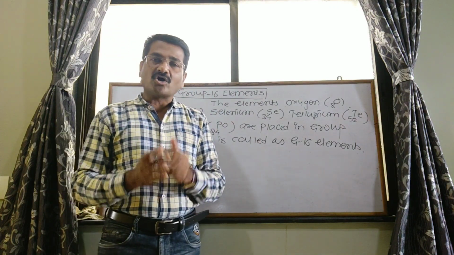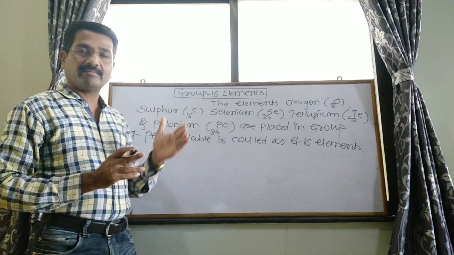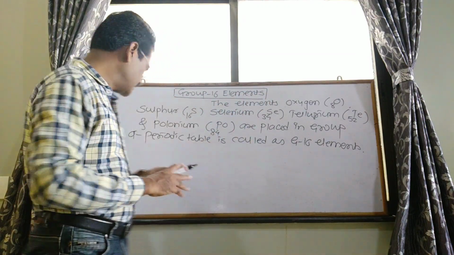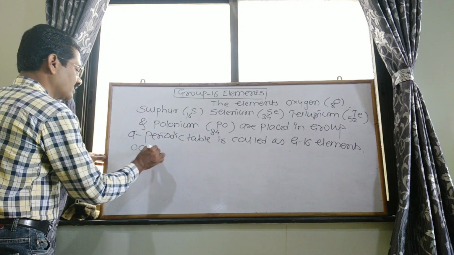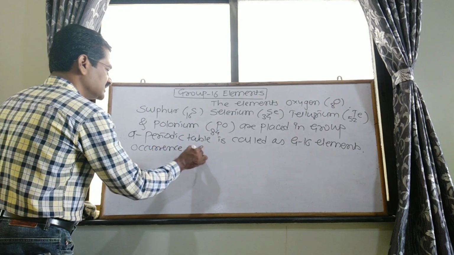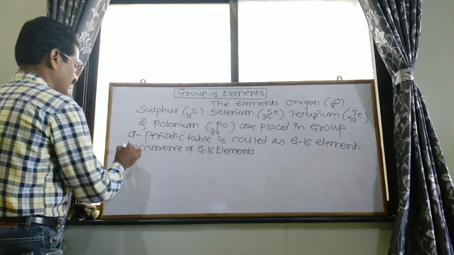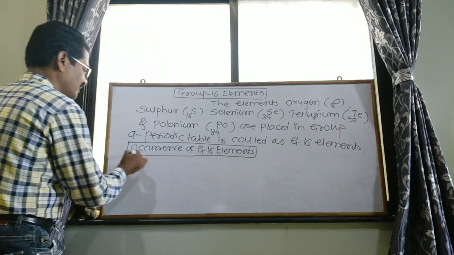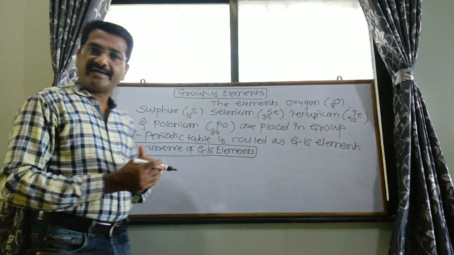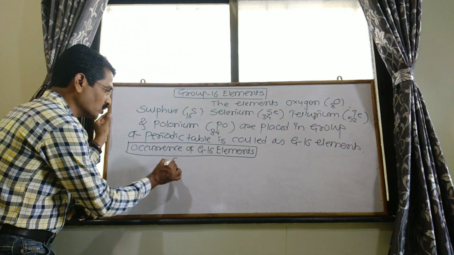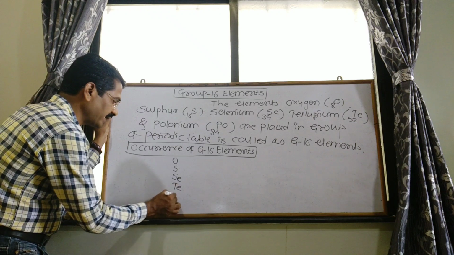Then see the occurrence of group 16 elements. These group 16 elements from oxygen to polonium, how do they occur? Group 16 includes oxygen, sulfur, selenium, tellurium and polonium.